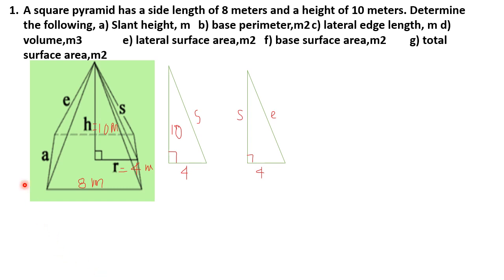So this one's a square pyramid, 8 meters inside. The height here from this point to that point is 10 meters. So determine the following. Letter A is the slant height.